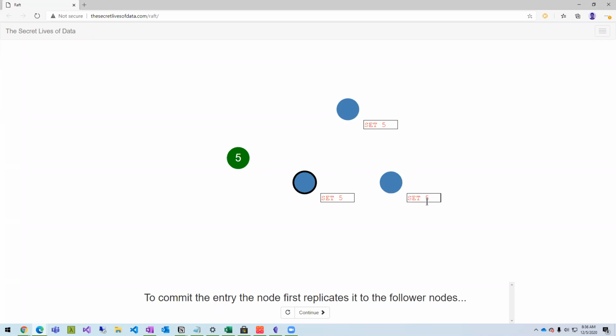And again, you can see here these are also in an uncommitted state right now. This is red, right? So they will reply back whether they can commit or not. And then once the leader gets back this response, that both of them can commit, now it will actually commit the entry.